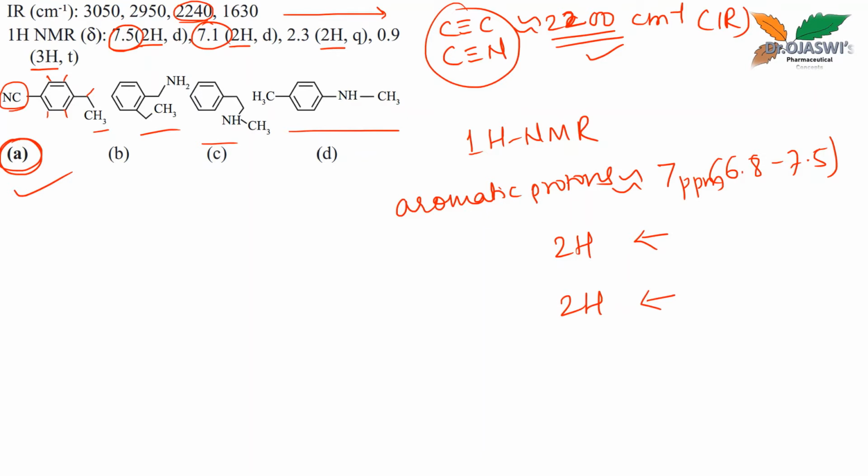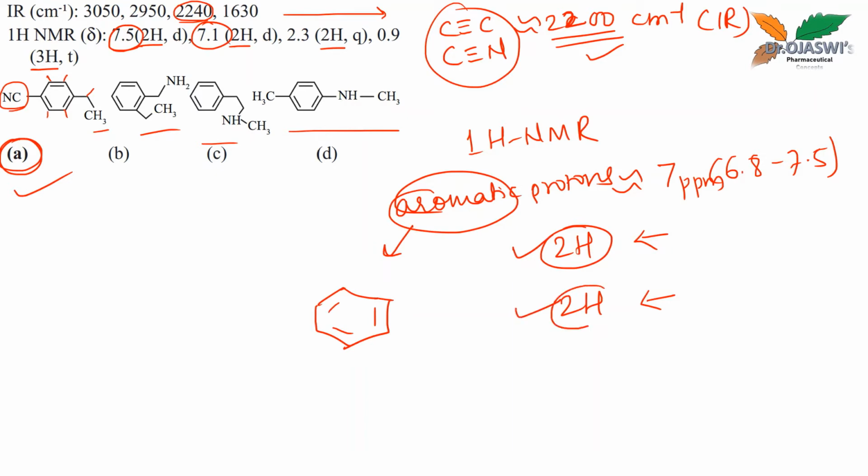That means this benzene ring is disubstituted, and since these two hydrogens are giving one peak, that means they both are in the same chemical environment. These two are in the same chemical environment and then only they are giving the same peak.